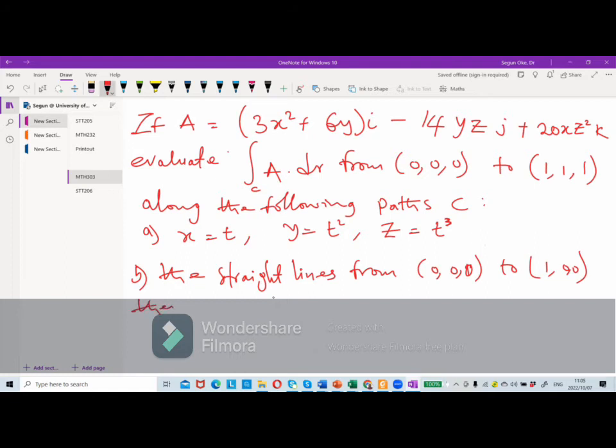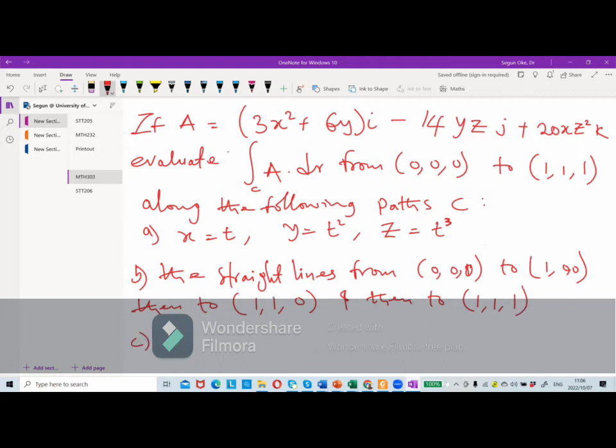Then to (1, 1, 0), and then to (1, 1, 1).